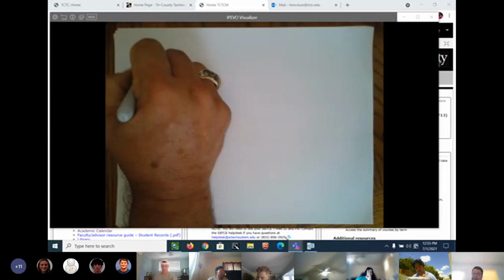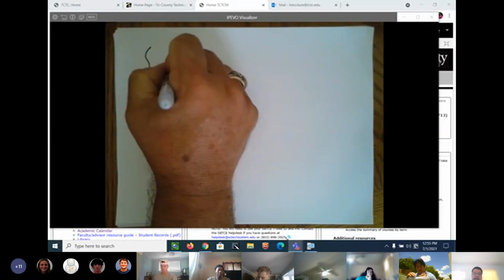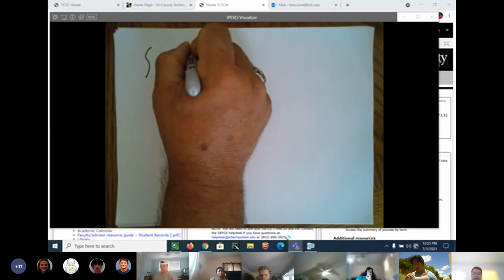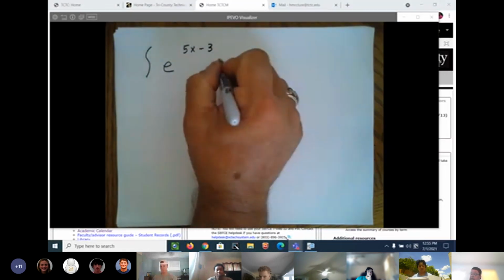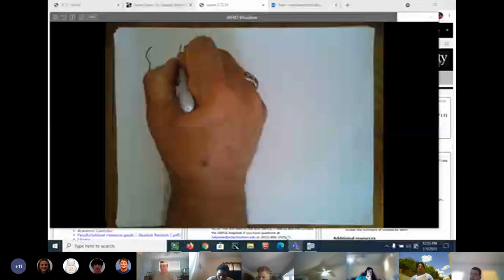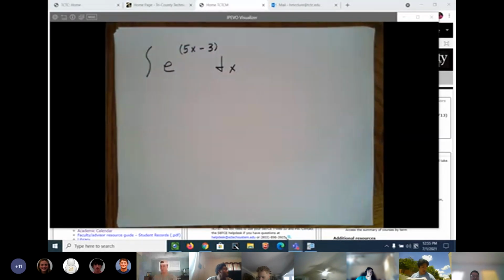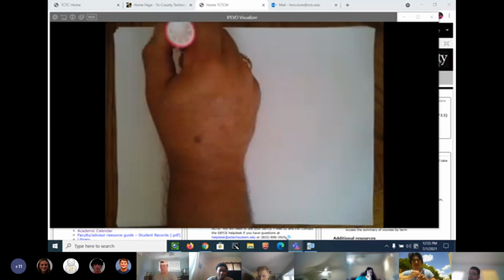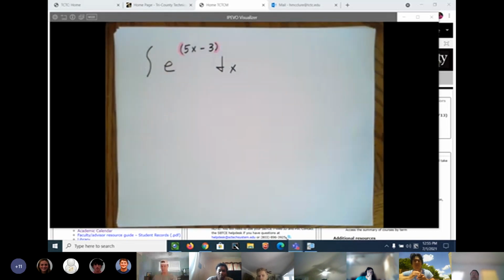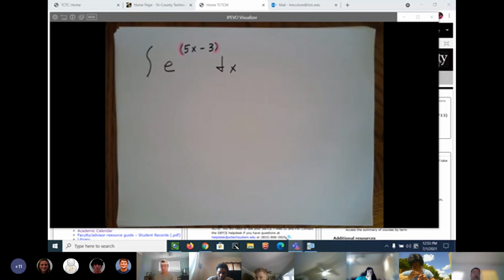The antiderivative of e to the (5x minus 3) dx. Now, I added those parentheses for a reason. Some of you might think, well, e is complicated, so I'm going to let u equal e. No, no, no. e is never going to be equal to u.